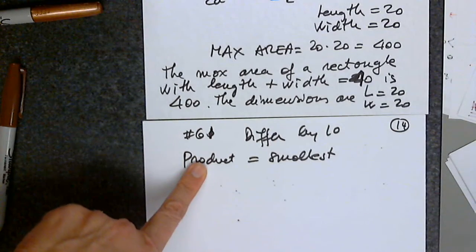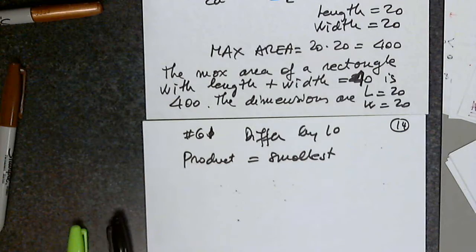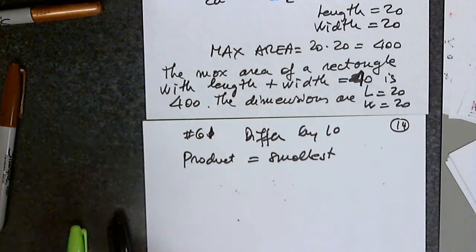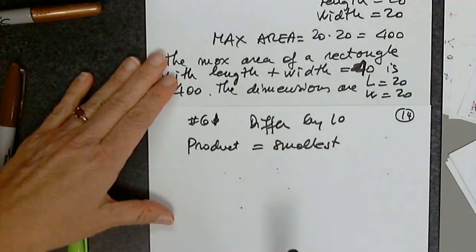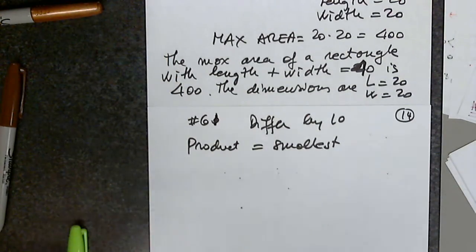The product will give me the function. So I have to state something that tells me that two numbers differ by 10. And they have to be unknown. I cannot say 20 and 10. So I have to use variables and create an equation with two variables that differ by 10.